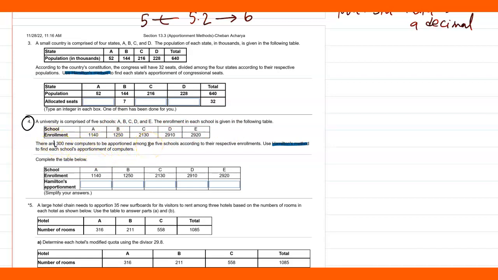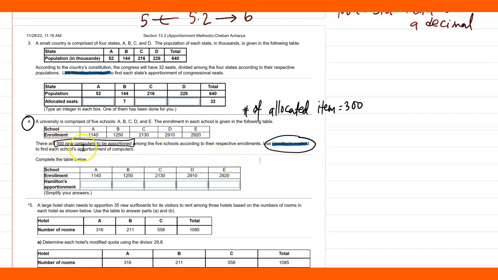Therefore, the number of allocated items is 300, because you want to apportion 300 new computers among the 5 schools according to their respective enrollment. Use the Hamilton method.